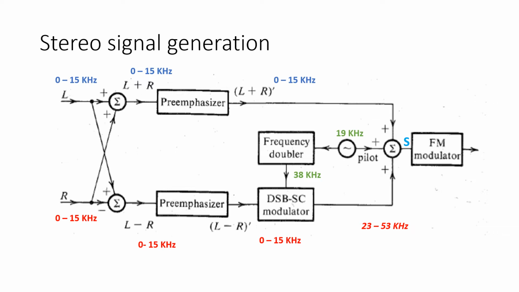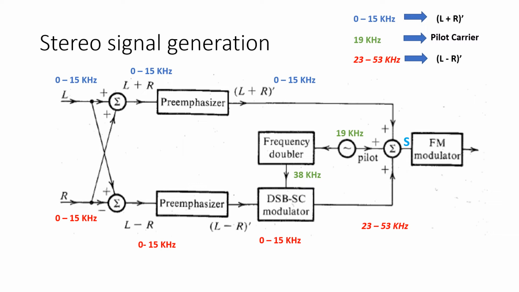So in spectrum of stereo signal S, we have L plus R dash from 0 to 15 kHz. Then at 19 kHz we have the pilot carrier and DSB signal from 23 kHz to 53 kHz.